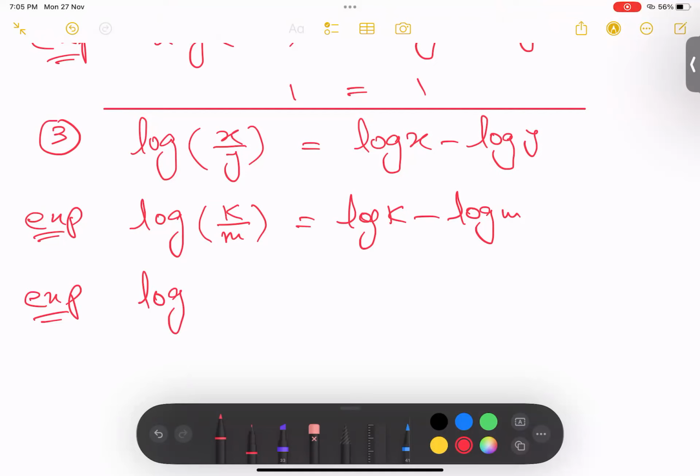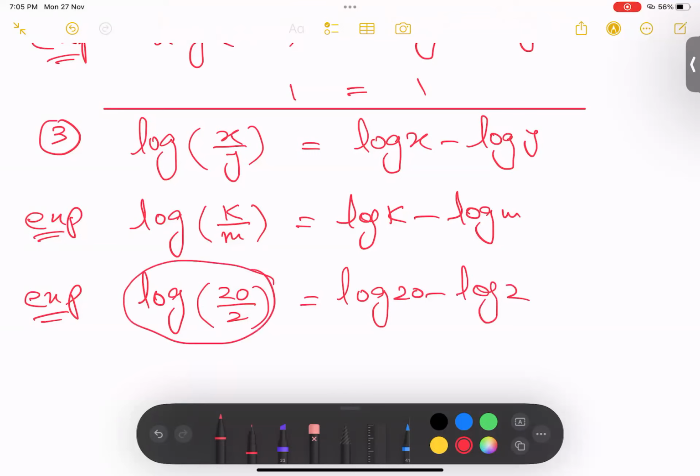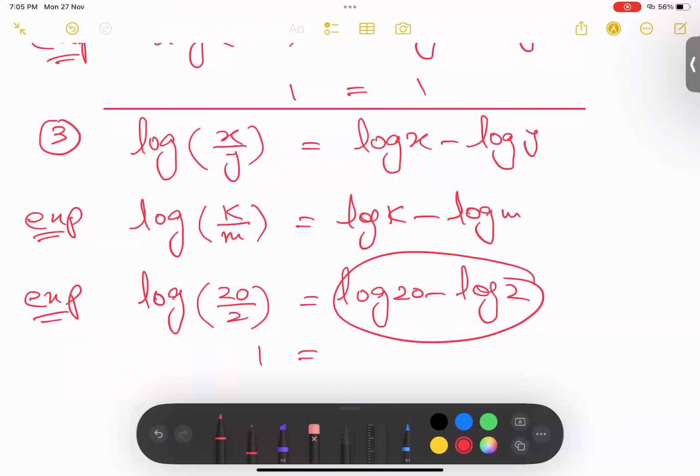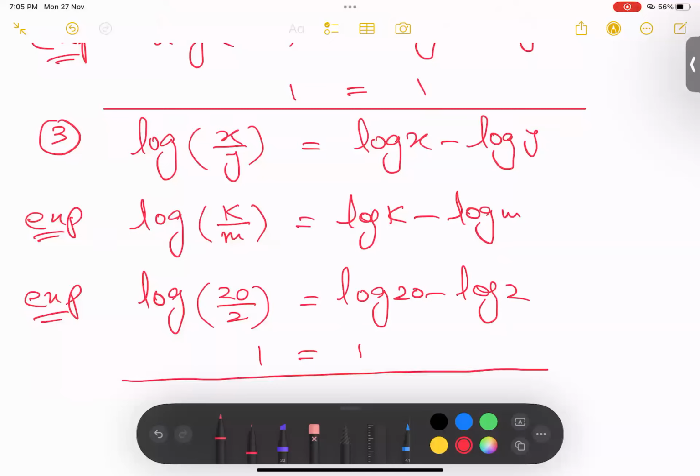I'm writing here 20 by 2. And I tell you the answer is log of 20 minus log of 2. And I know that this answer will come 1, and this whole thing will come again 1. I repeat, exactly, it will come 1, 1, 1. So the numerator part has a plus sign and the denominator part has a negative sign.